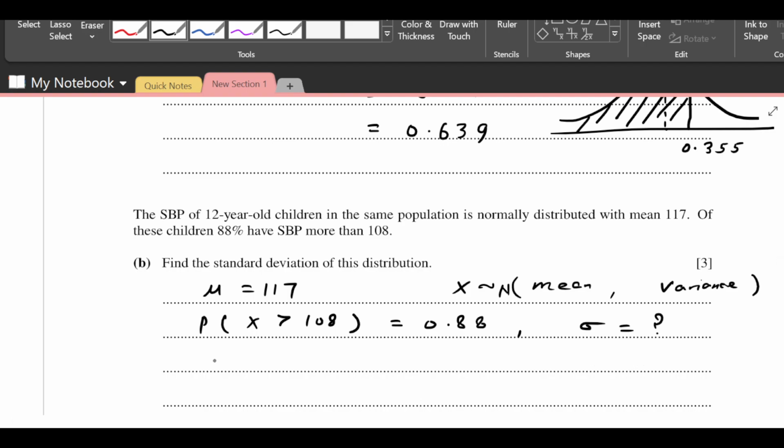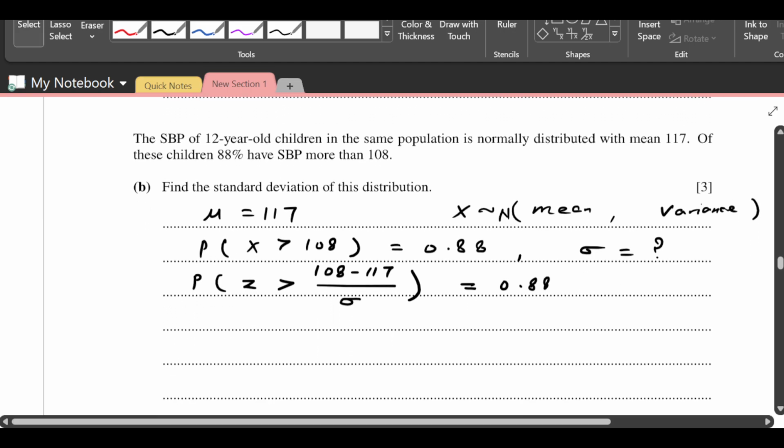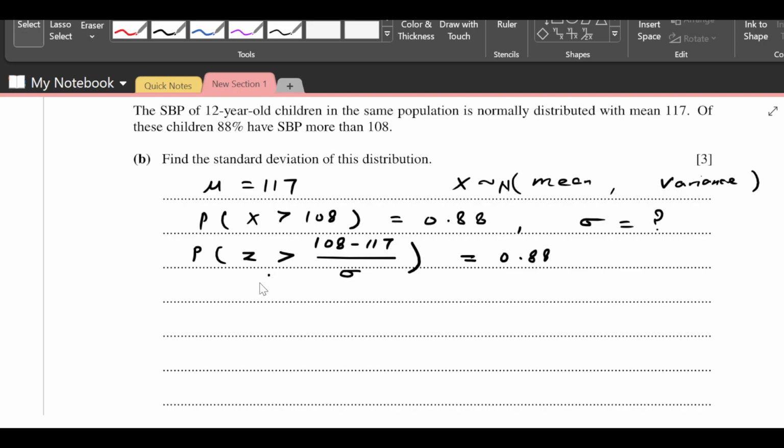So probability of x greater than 108 means probability of z greater than 108 minus 117 divided by sigma, and this probability is 0.88. Here 108 minus 117 is negative 9.